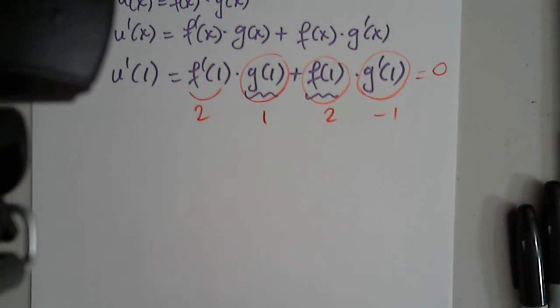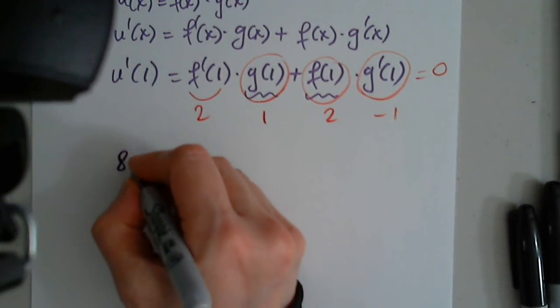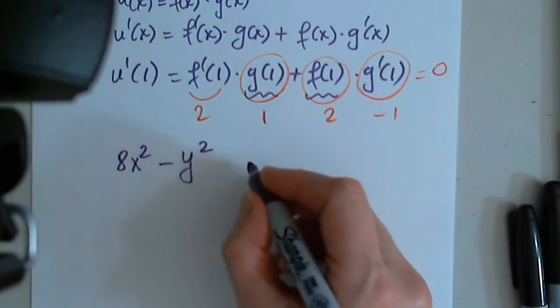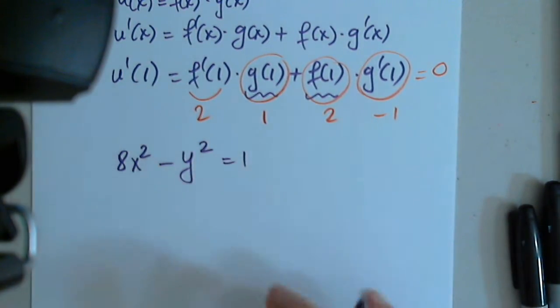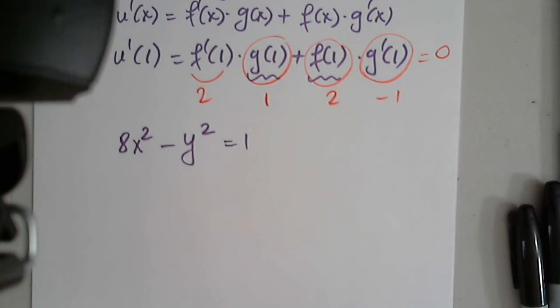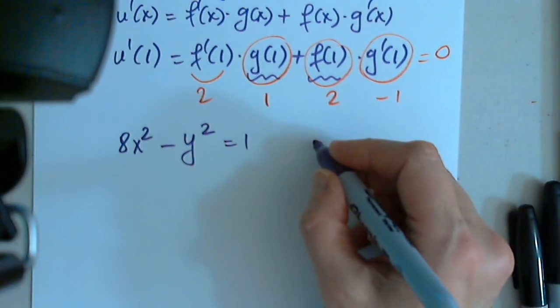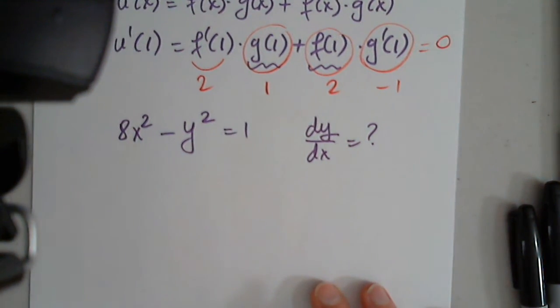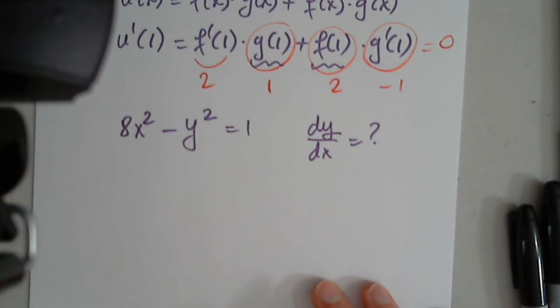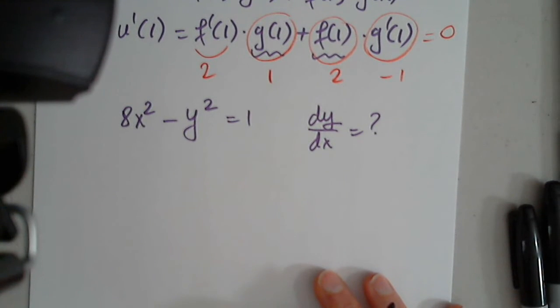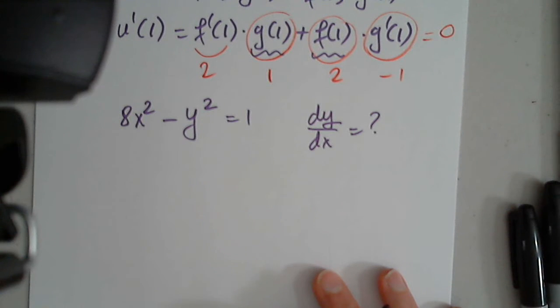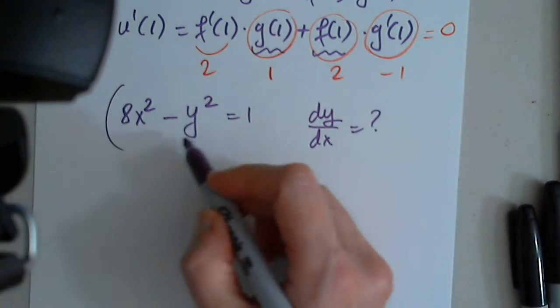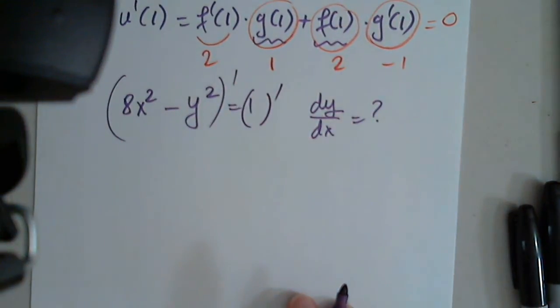Yeah, the equation is 8x squared minus y squared equals 1. And then it wants y prime by implicit differentiation. And then after that, it wants you to solve explicitly for y and differentiate to get y prime in terms of x. Okay. So implicit differentiation in this particular case is always the easiest.